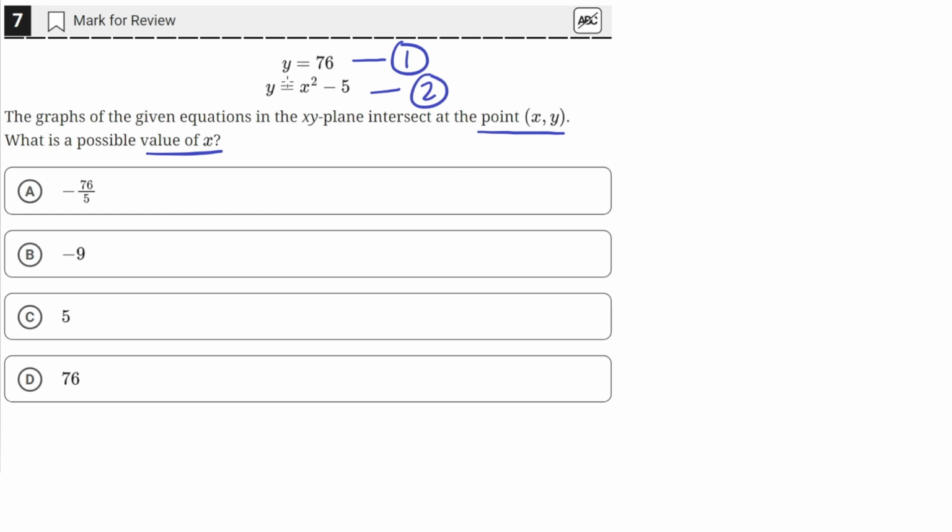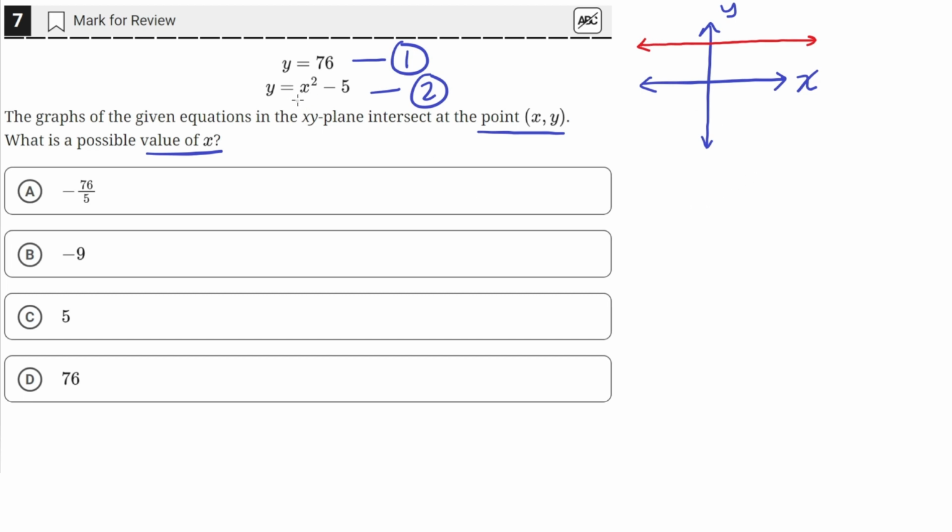So y equals 76. If we draw that on the xy-plane here, we'll make some axes, x, y. So y equals 76 is just setting y equal to some constant, which is just a horizontal line in the xy-plane. So it'll look something like this, just a horizontal line.